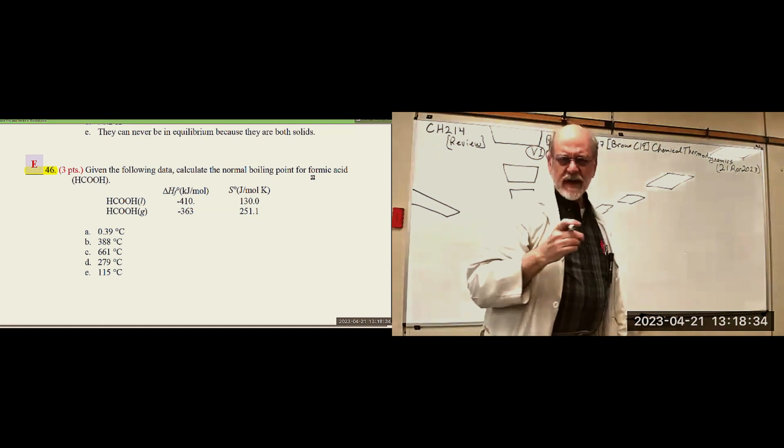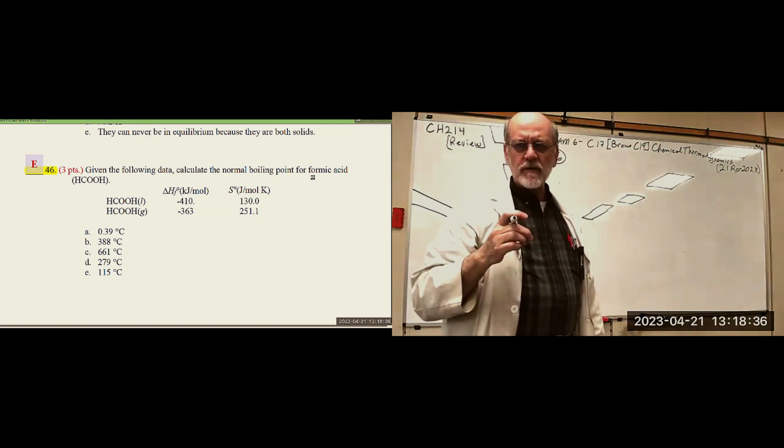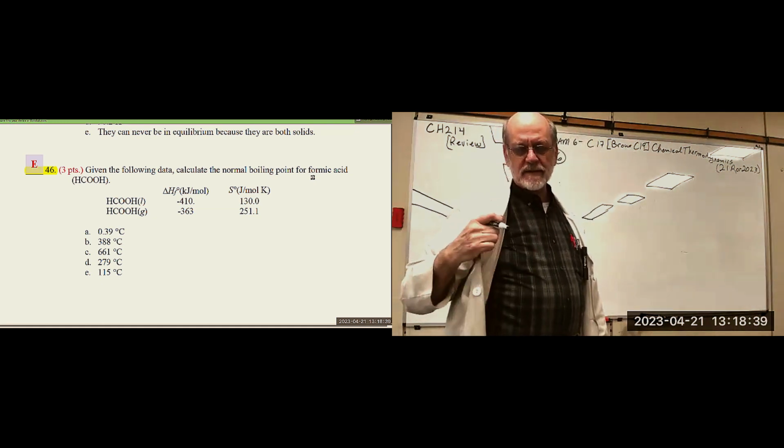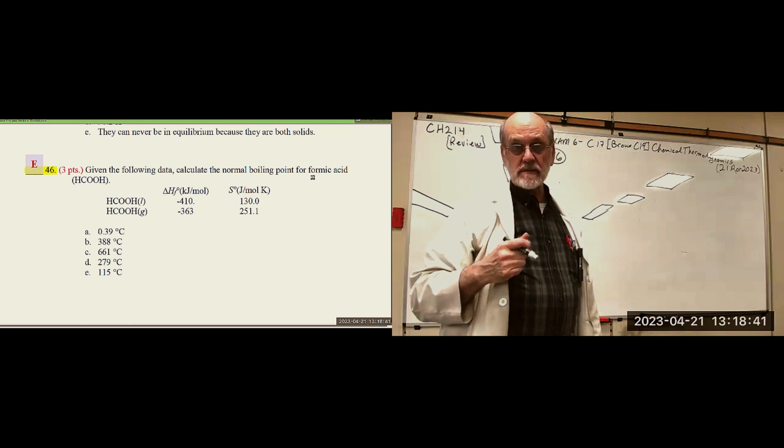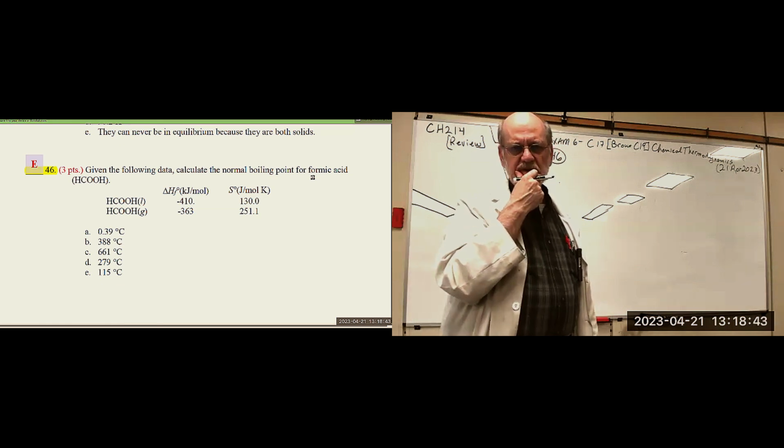Given the following data, calculate the normal boiling point for formic acid. The normal boiling point.